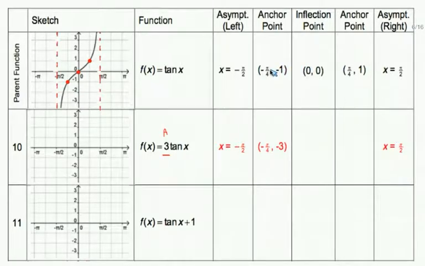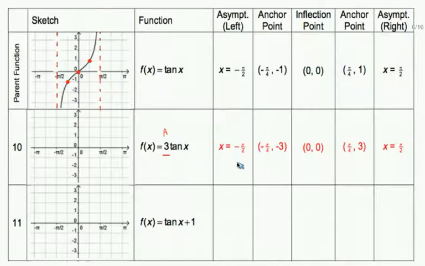Okay, and that's the same situation for all three of these points. The x values are staying the same, the y value is being multiplied by 3. Now 3 times 0 is just 0, so the middle point is going to stay there, but then the pi over 4 is staying the same, and 3 times 1 gives you 3.